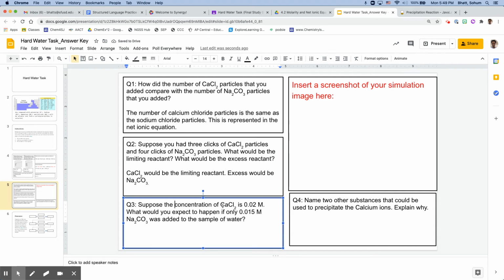Suppose the concentration of calcium chloride is 0.02. What would you expect to happen if only 0.015 molar of Na2CO3 was added to the water sample?